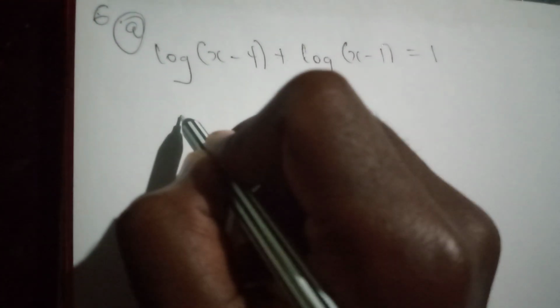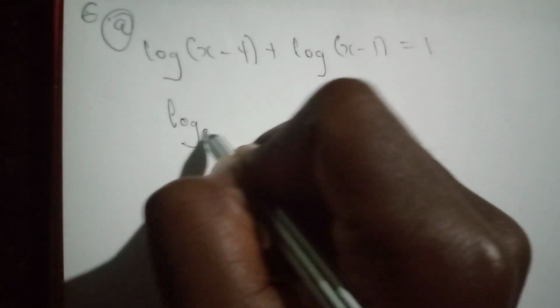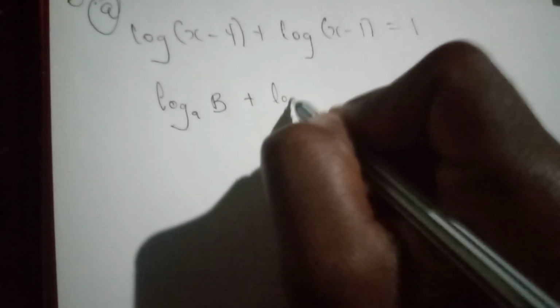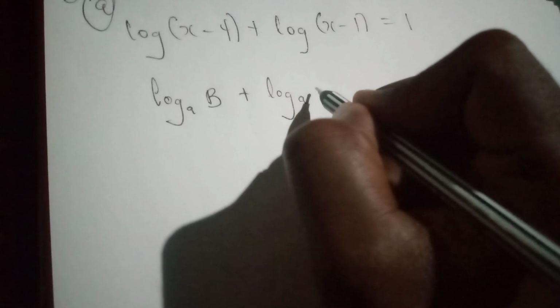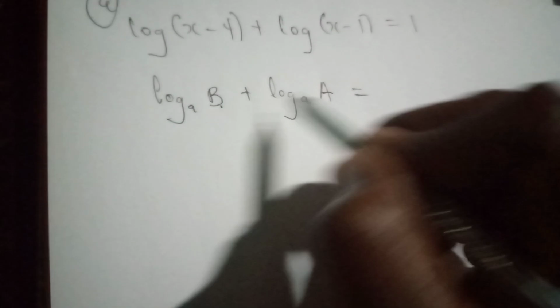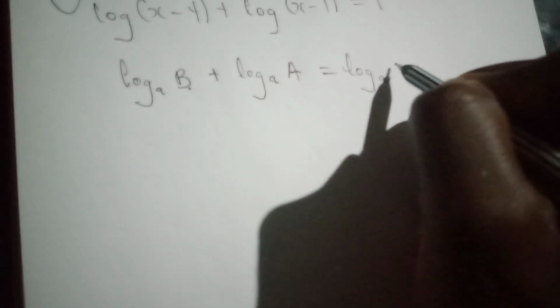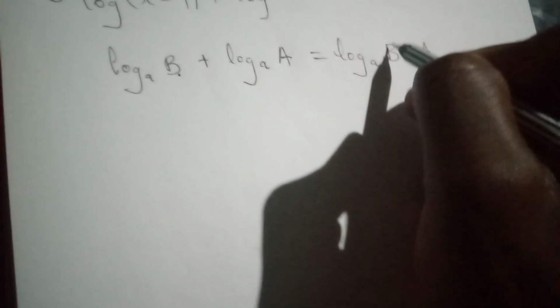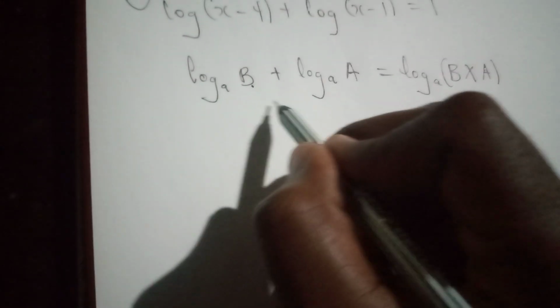For instance, log a of b plus log a of a is the same as log a of b times a whenever there is an addition symbol. Make sure you know this is an identity that you should abide by.